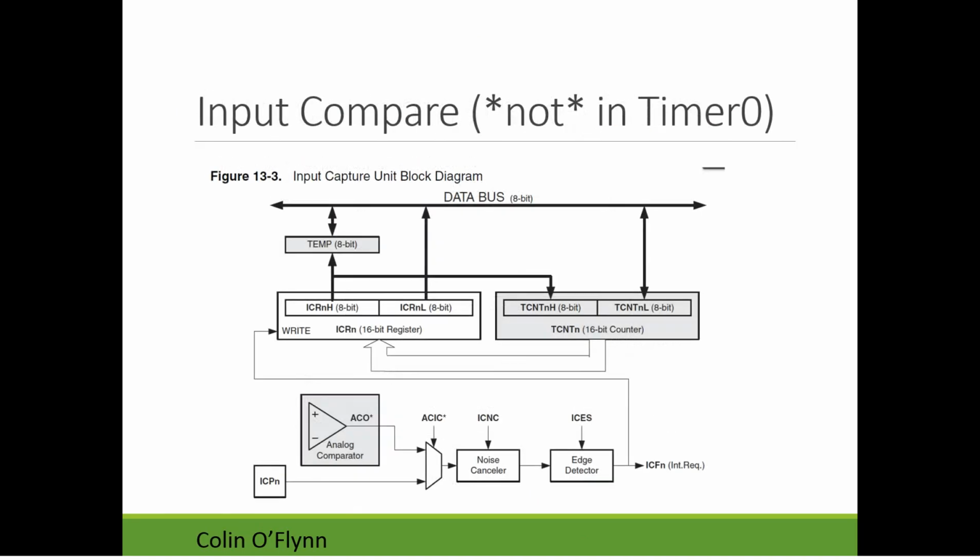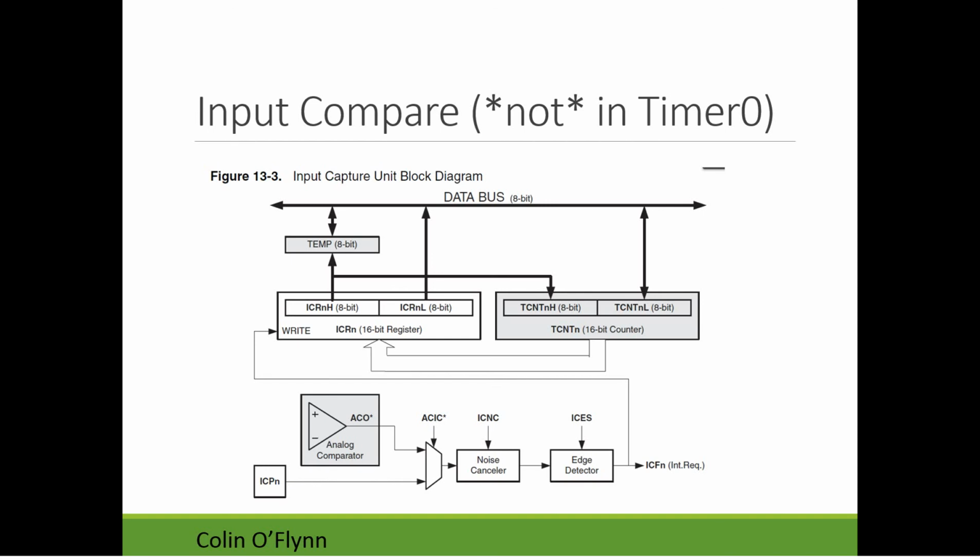The other thing, and this whole sidetrack was because we wanted this, is what's known as an input compare register. If you're looking at the data sheet, you won't see it in the timer 0 device. You'll see it in the timer 1 and timer 2 devices.